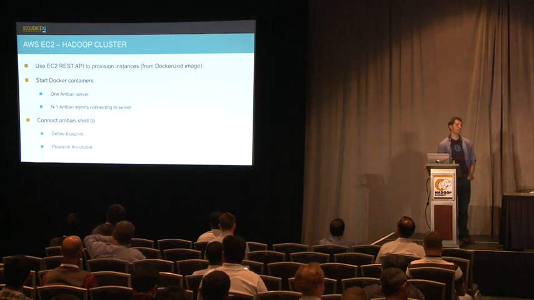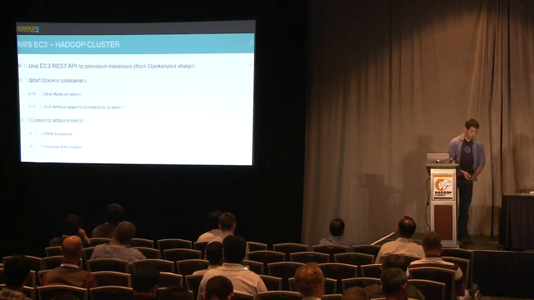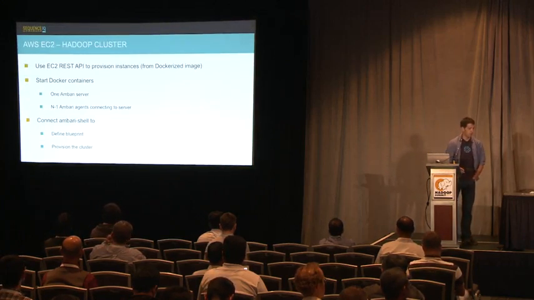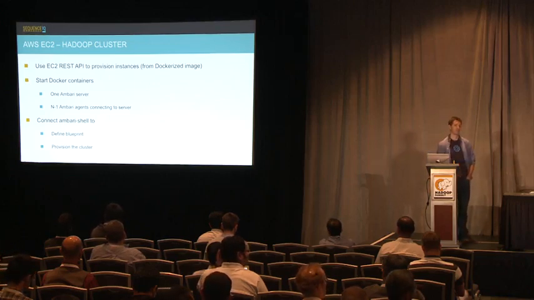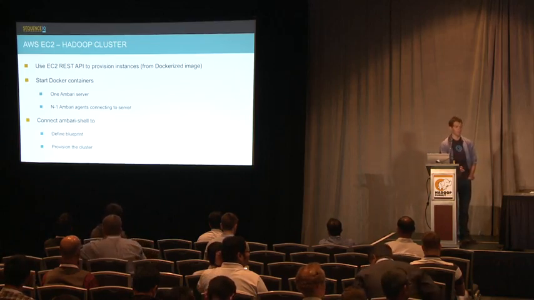Now you have several options. You can connect to the Ambari UI, or you can connect the Ambari shell and start provisioning Hadoop on these nodes. You define the blueprint, and you provision the cluster. You start up the Docker containers within the EC2 images, and you're going to have a fully working Hadoop cluster.